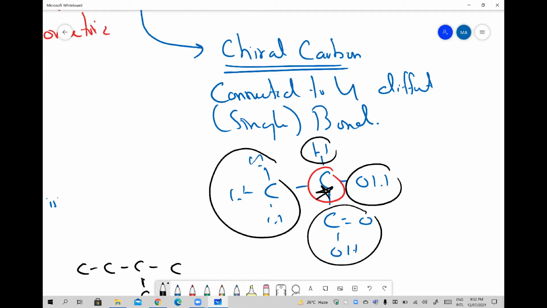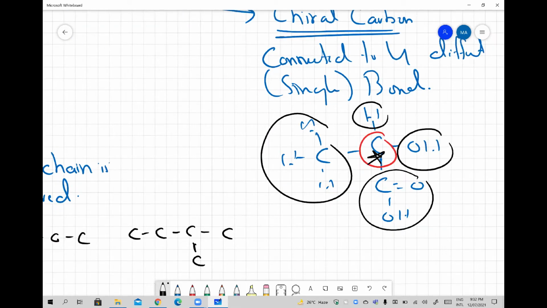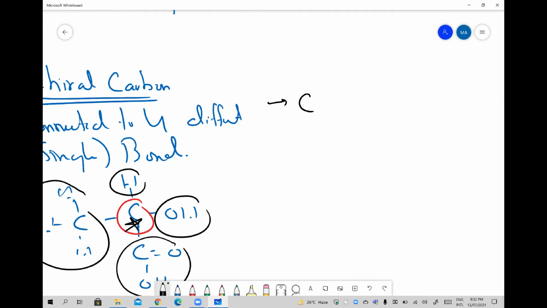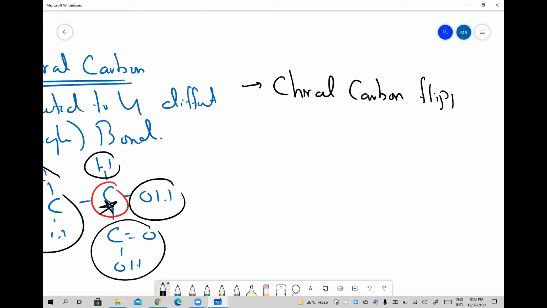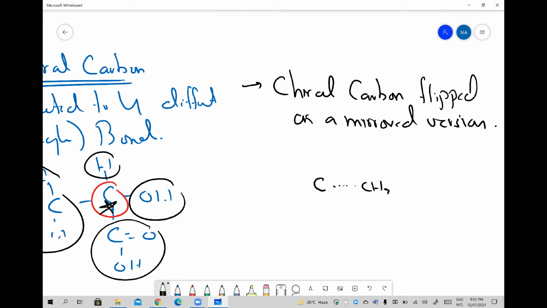Now, optical isomers are all those molecules having a chiral carbon that is flipped as a mirror image. For example, this is your chiral carbon connected to CH3, then to CH2, CH3, connected to Cl and hydrogen.